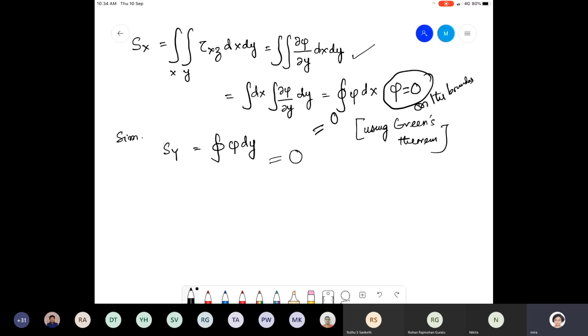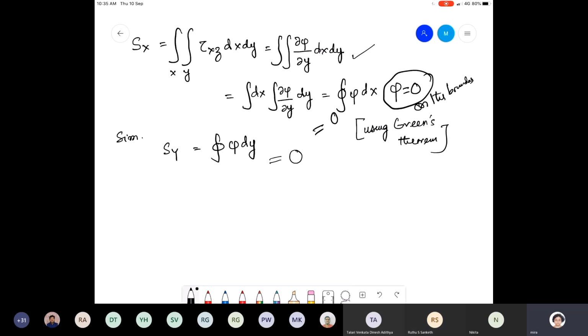Ma'am, the original condition is that phi should be constant on the boundary, right? Yes. Even if we take a constant phi, then this integral over phi dx will not be 0, right? So we have to take it constant and equal to 0, because that is making our life easier.